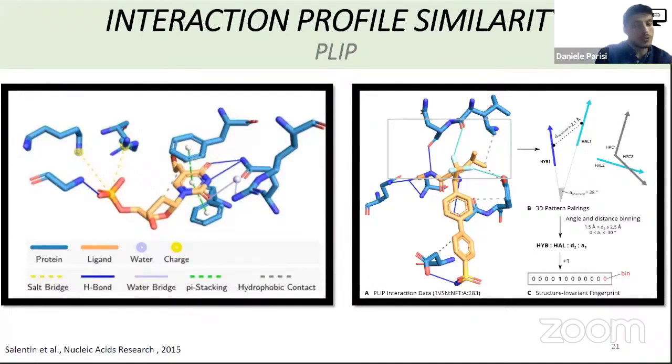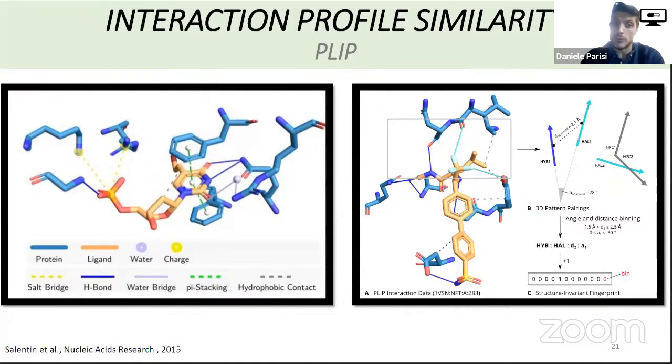So this tool and the other tools for interaction profile similarity convert the physical-chemical information of the interaction into numbers and mathematical entities, angles and numbers, that can be used to easily make a similarity assessment of the different environments.